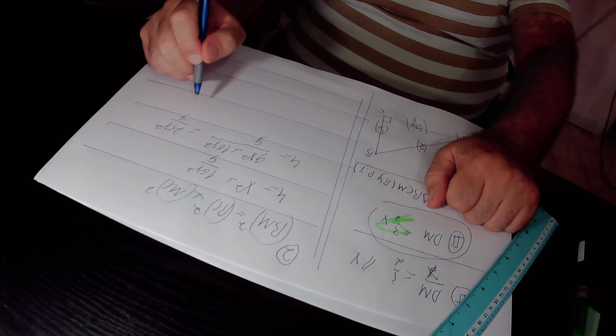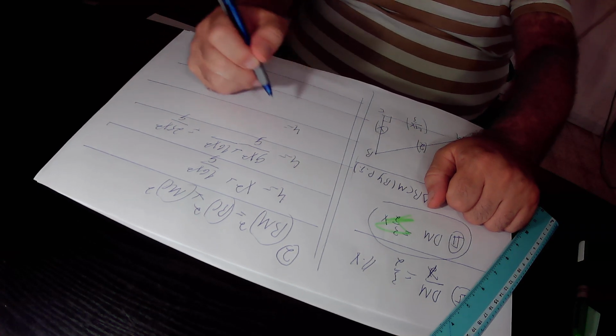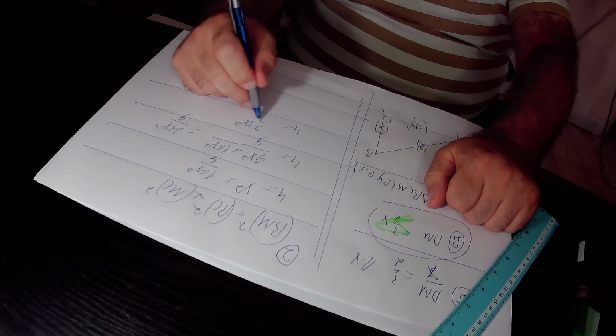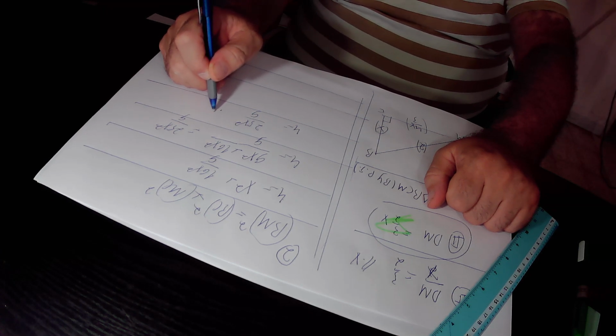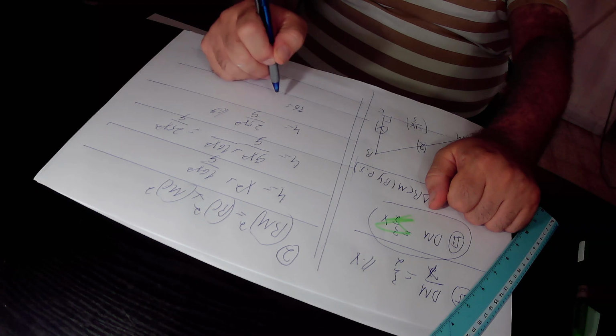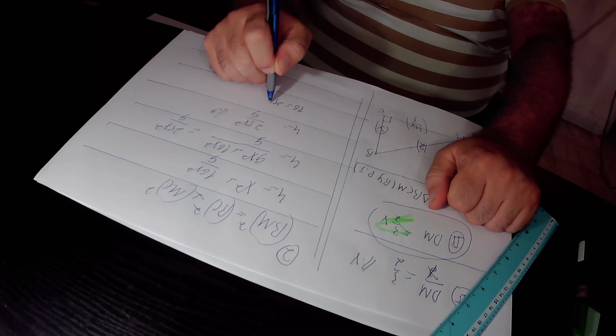So in total, 4 equals 25x squared over 9. Here we multiply this equation by 9 and we get 36 equals 25x squared.